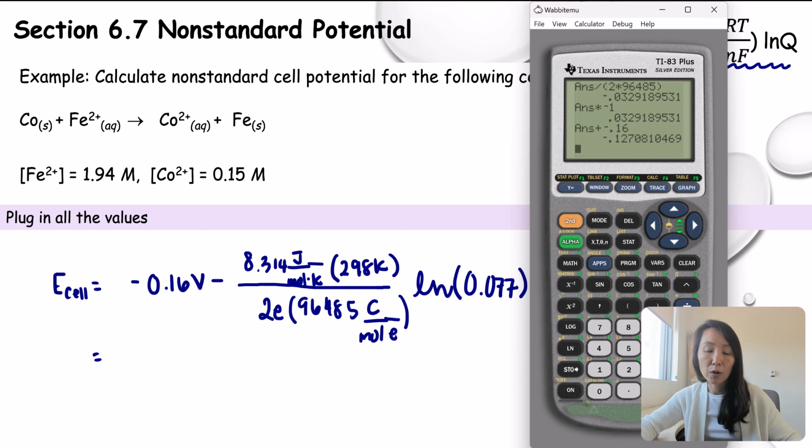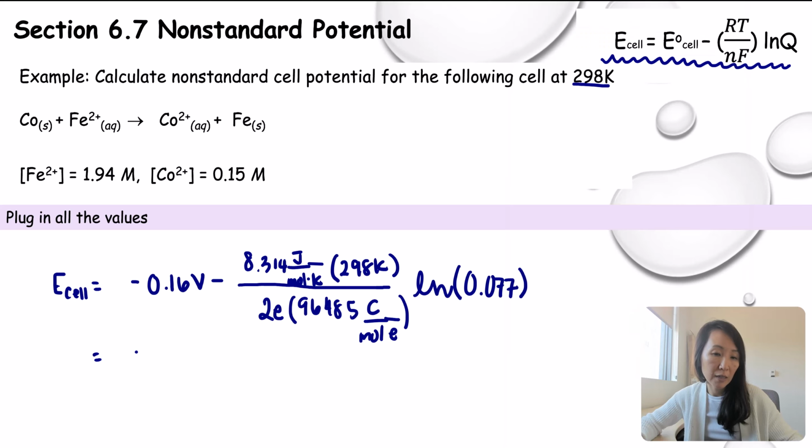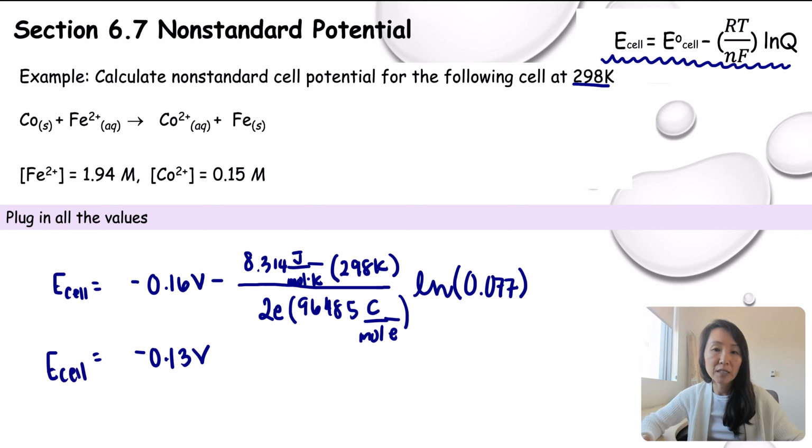With 2 significant figures, it'll be negative 0.13 volts. So this would be my E cell, the non-standard cell potential for this equation at 298 K.